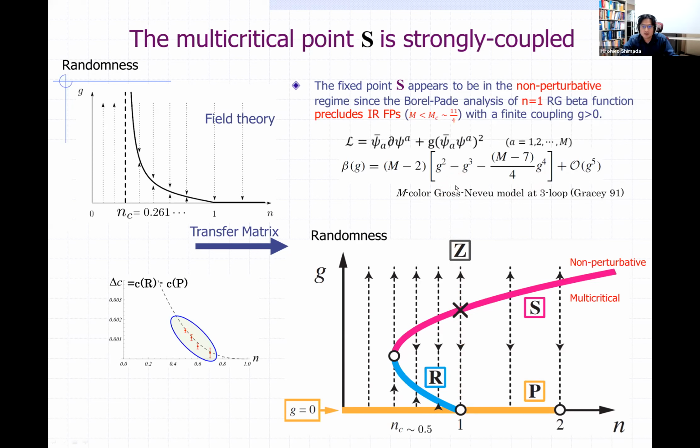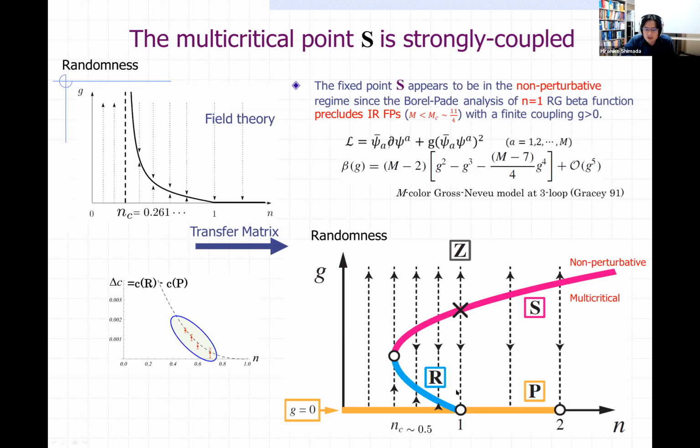I mean, the beta function may have some such fictitious infinite fixed point with these cubed and G4 terms. But if we do Borel-Padé analysis, it disappears. So you're talking about the M equals 0 limit, or you're talking about general M? Yes, M equals 0 is contained in that limit. Okay, so this is at n equal 1.